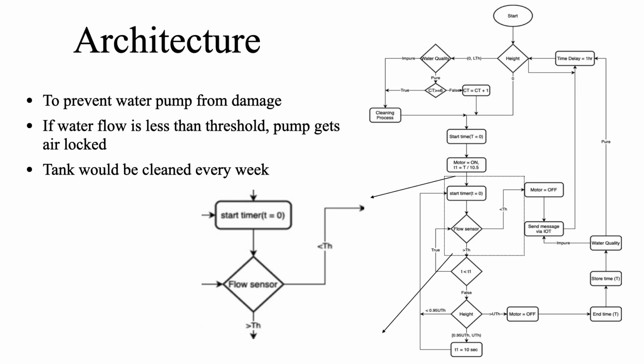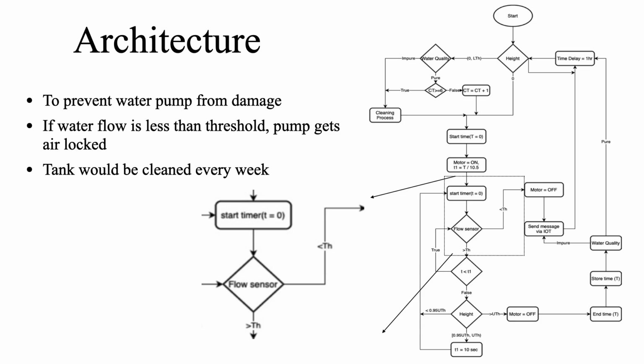If the value of the flow sensor, or the inflow of water into the water tank, falls below a threshold, the water pump will be switched off and a message will be sent to the user via IoT. But if the inflow is greater than the threshold, then the water pump is said to be working perfectly.